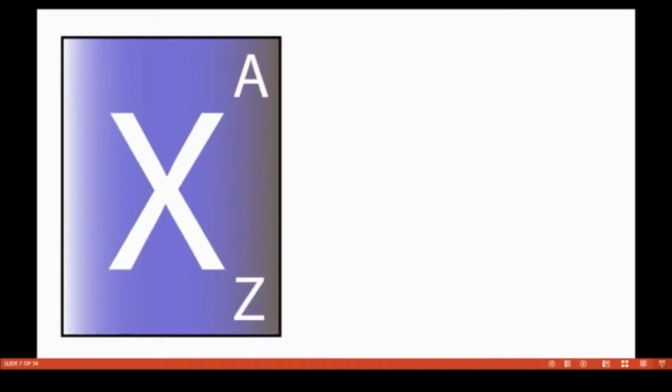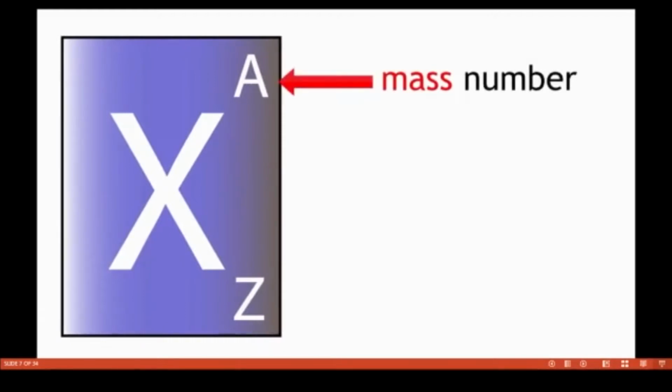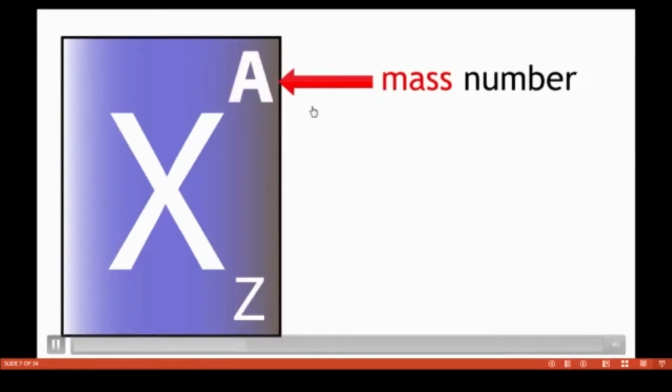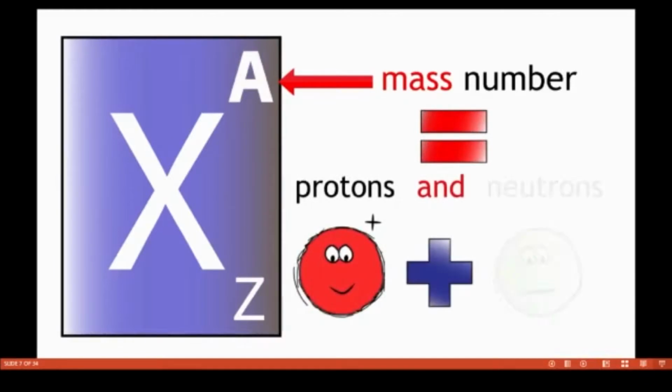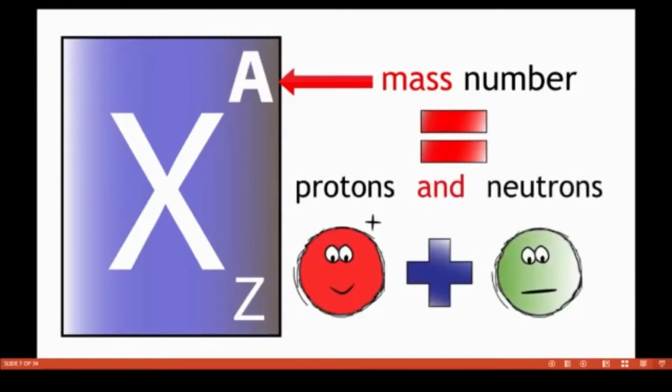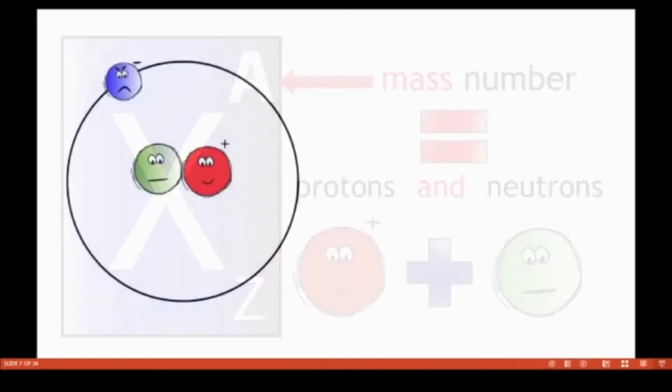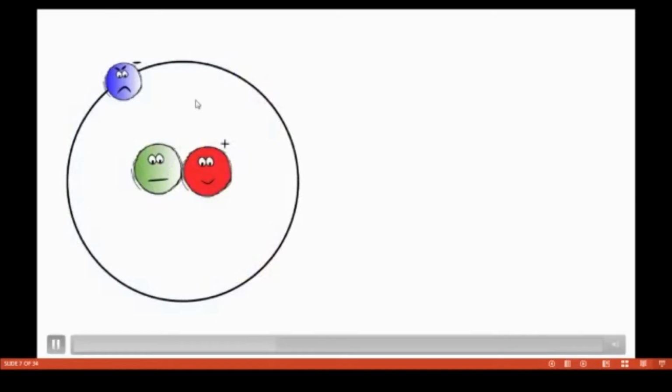So this is the general formula. A is the mass number, Z means atomic number. Don't forget, keep it in mind. Mass number is equal to the number of protons and neutrons.